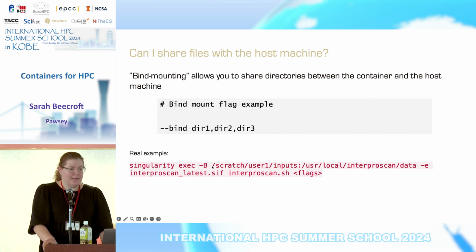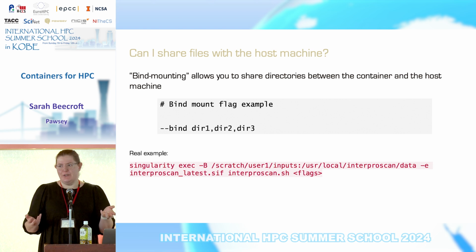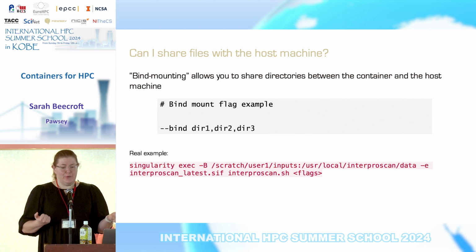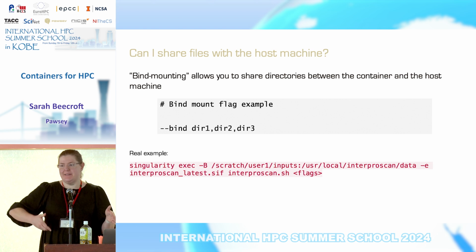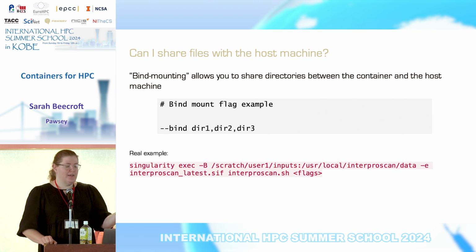Typically when you have the container, you can't by default read or write anything. You can't write anything to the container. So if you're doing some analysis and you're writing an output file, where can you write the file? Or maybe you need to read some files from somewhere that's not in your present working directory, maybe some scratch/references or somewhere else.